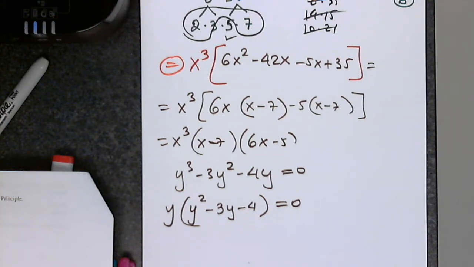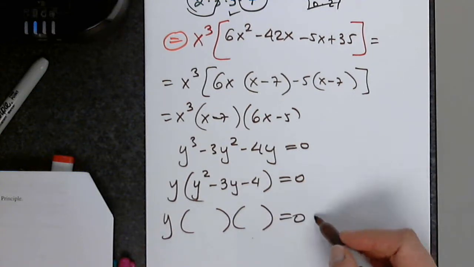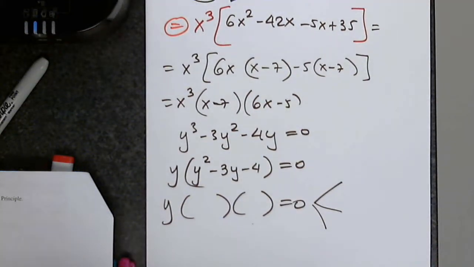y squared minus 3y minus 4, it's in descending order. No greatest common factor, no negative leading coefficient, no special product, but 1 is the leading coefficient, so I will go straight ahead to factoring it. So y, and then write 3 solutions. So how do I factor y squared minus 3y minus 4?